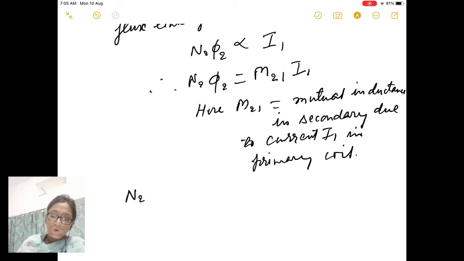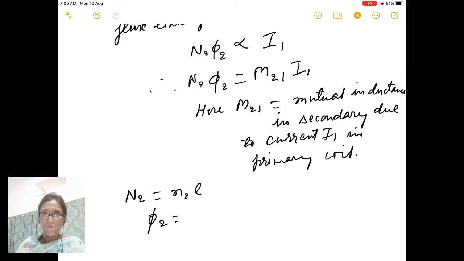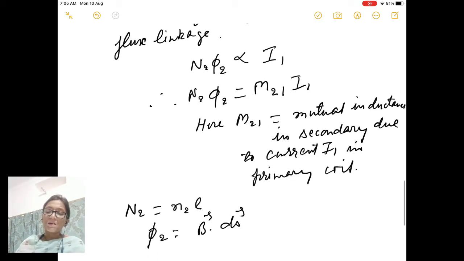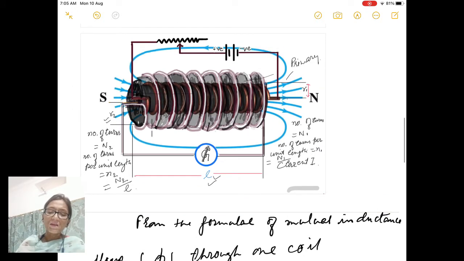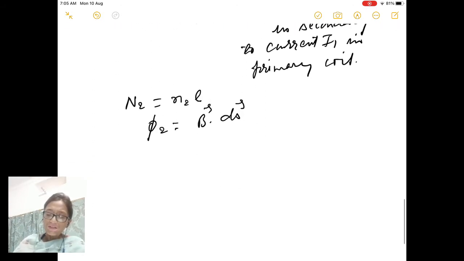Now N2 can be written as number of turns per unit length into total length, and phi 2, you know that magnetic flux is equal to B dot ds. So flux linked with the whole of its surface. Let me show you.